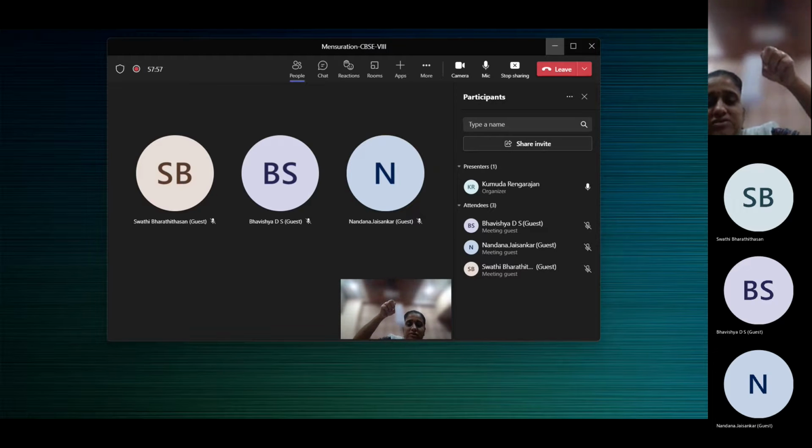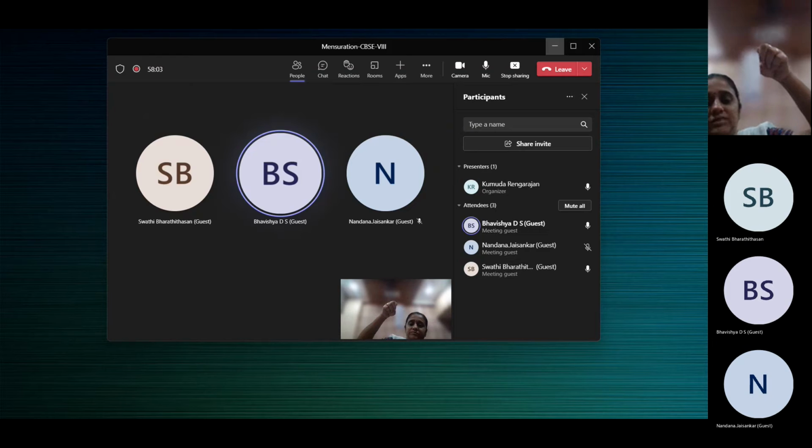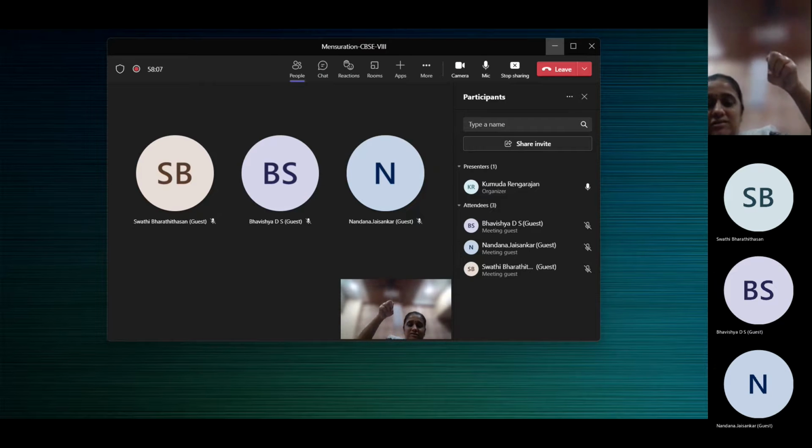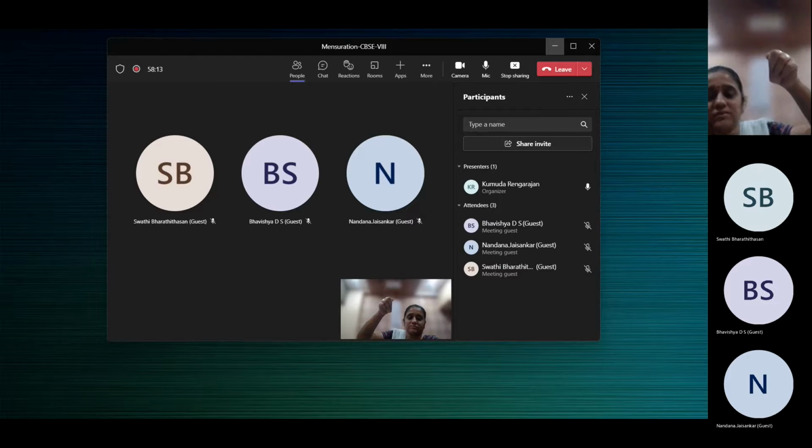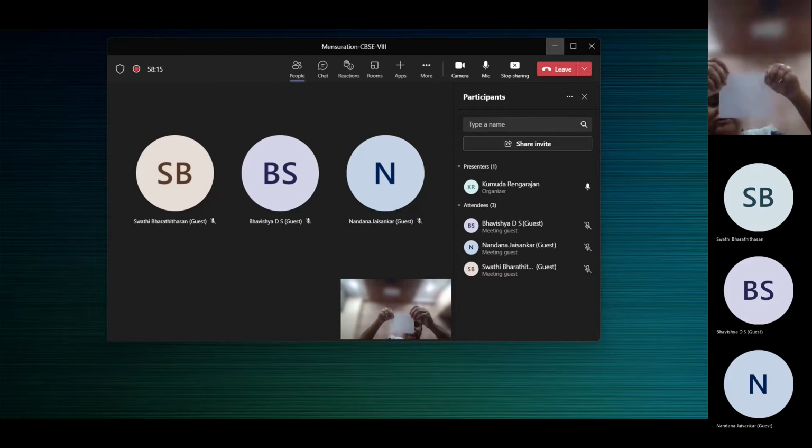It's blurred, right? Yes, ma'am. That's because of the light falling on the paper.